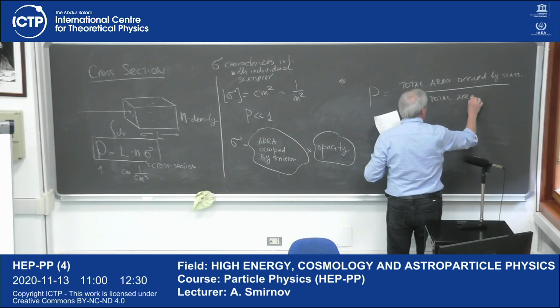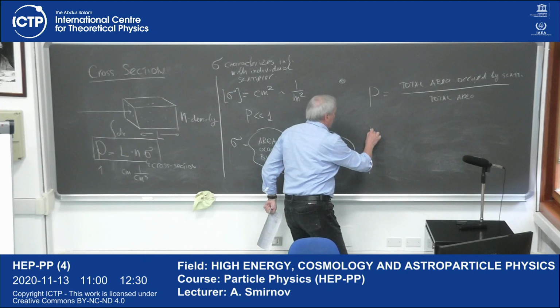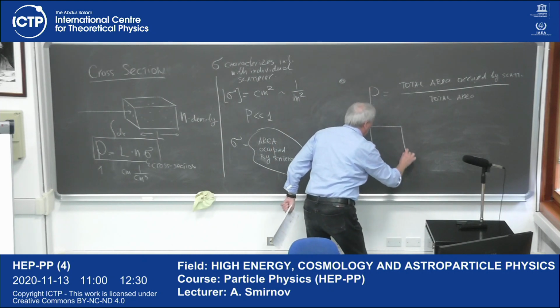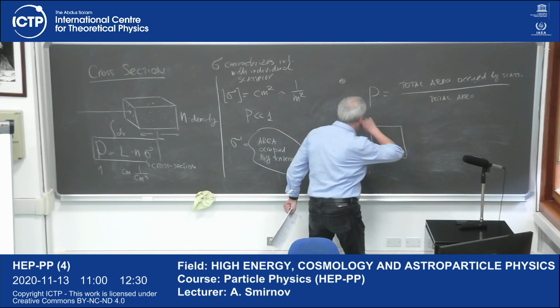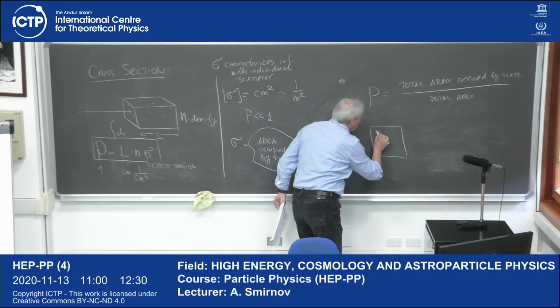Here you need to sum up over all the scatterers. Let's look at our detector. The neutrino is coming in this way, and what it sees are these areas with scatterers.